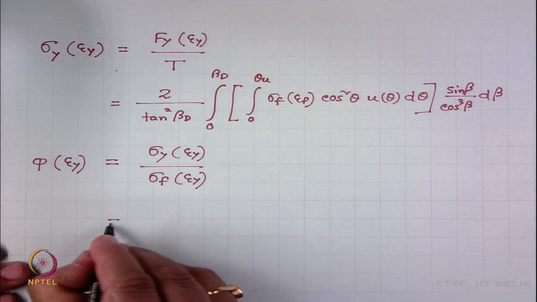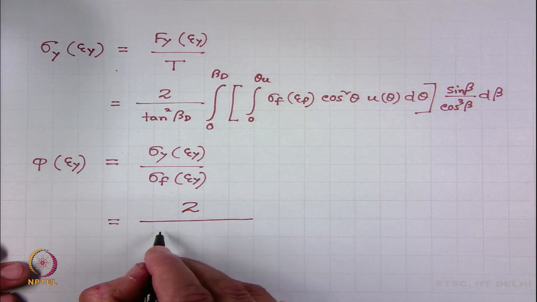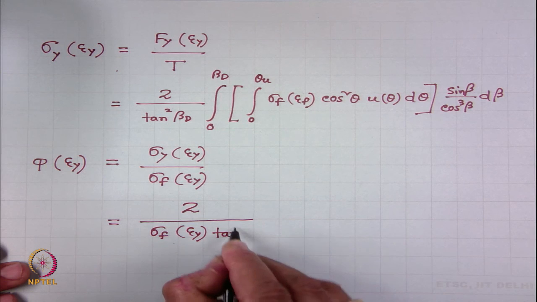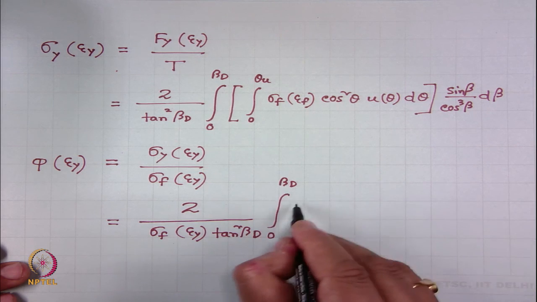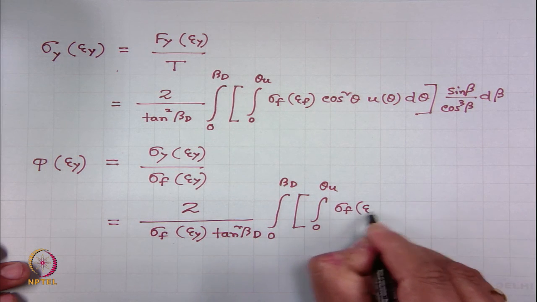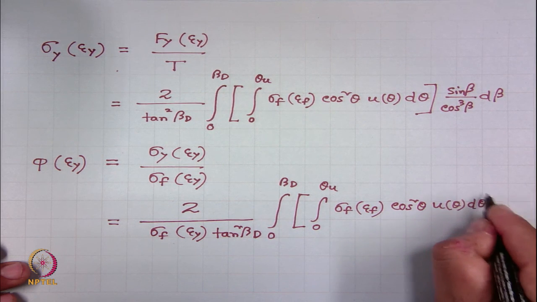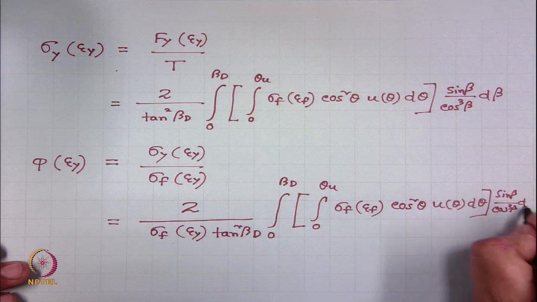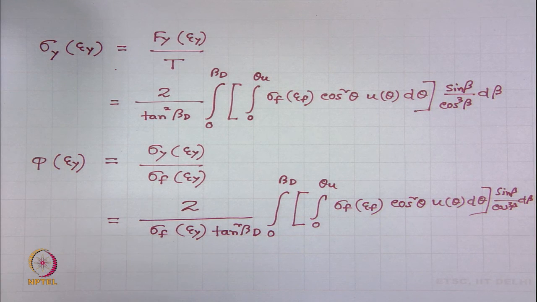So, what we will have 2 by ui tan square beta d, 0 to beta d, 0 to theta u, into d beta, right.